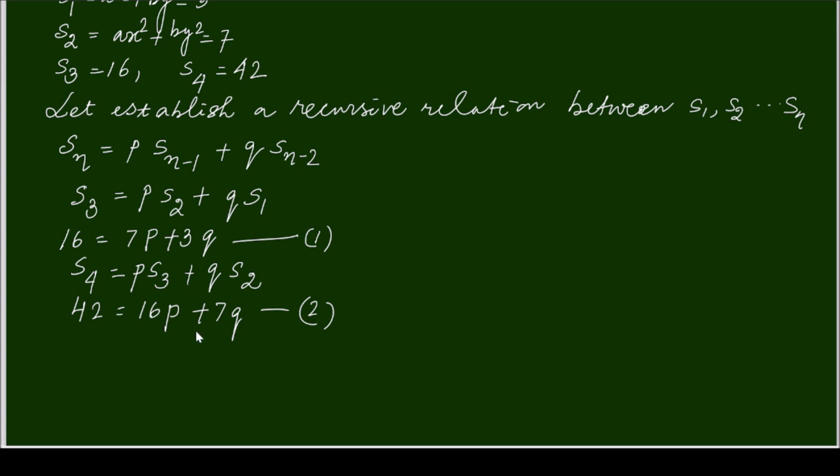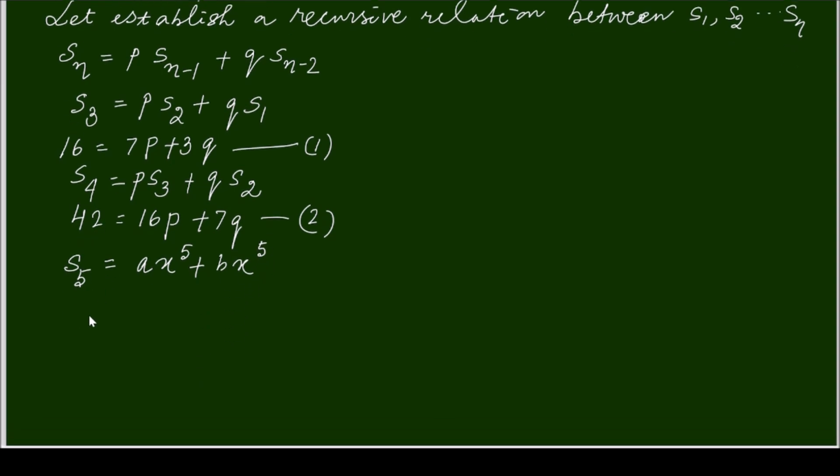The question is we have to find S5. S5 equals a x to the power 5 plus b y to the power 5. We have to find out this. What will be S5? S5 equals P into S4 plus Q S3.